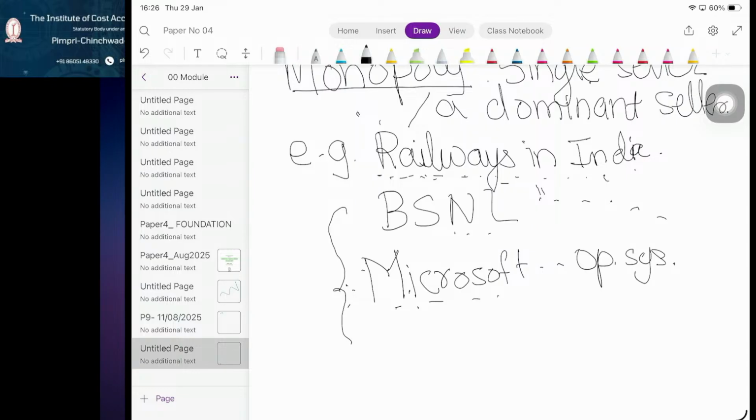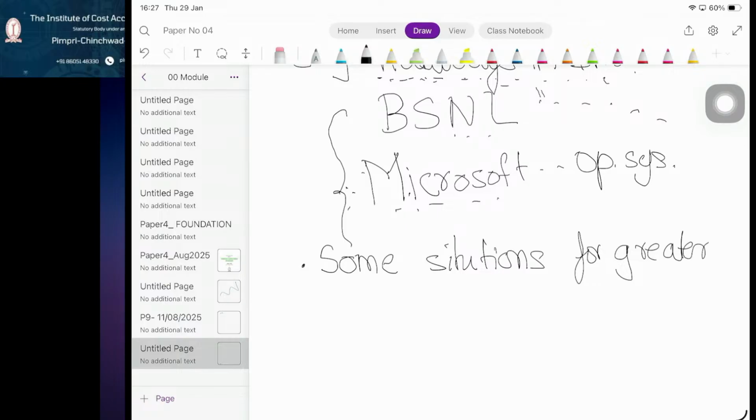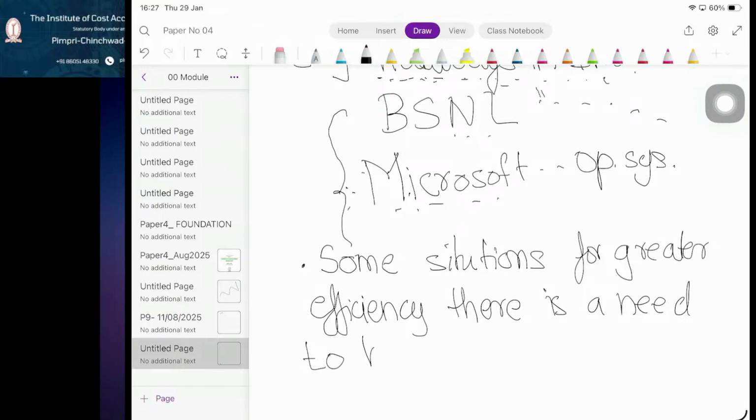Okay, just write one variation in this monopoly. Some situations, for greater efficiency, there is a need to have only one seller.